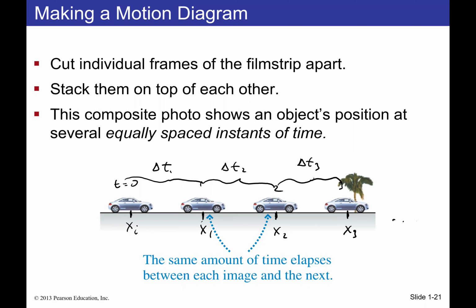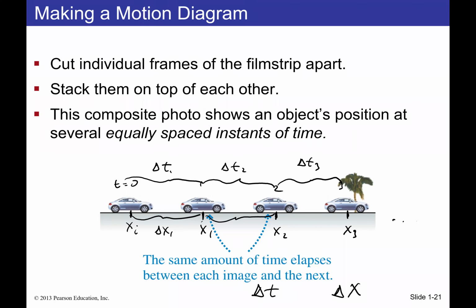How much distance it covers during that same time interval doesn't have to be exactly the same. So the time intervals are the same, but the distances may differ. By the way, remember, delta is change: delta t means change in time, and delta x means change in position.